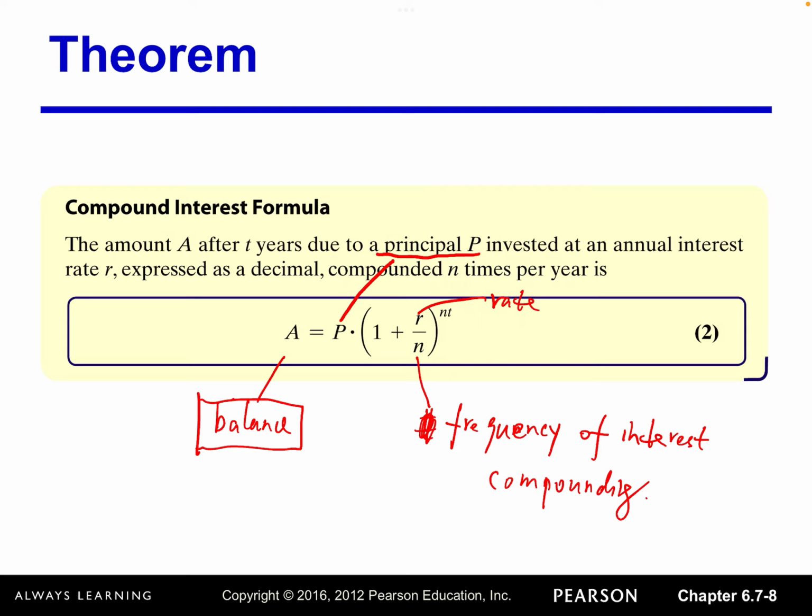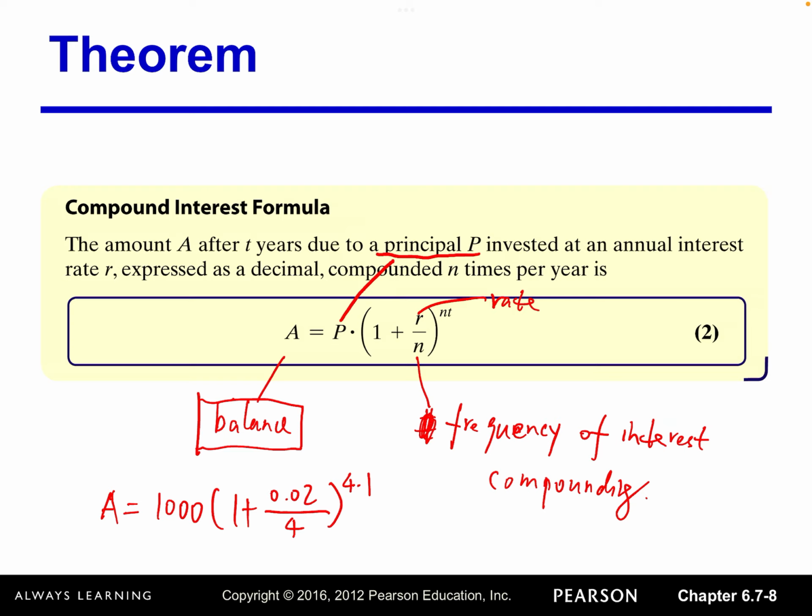So in the previous example, we can calculate the account balance with this formula. We just try to verify that we got the result correct. P is 1,000, times 1 plus R, which is 2%, 0.02, and the interest is compounded quarterly, so N equals 4, times T, which is 1 year.